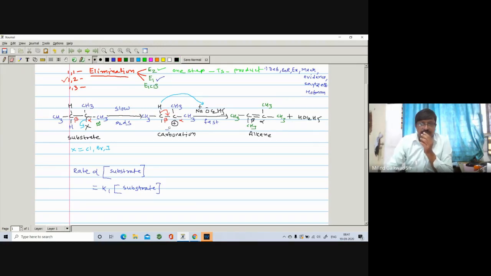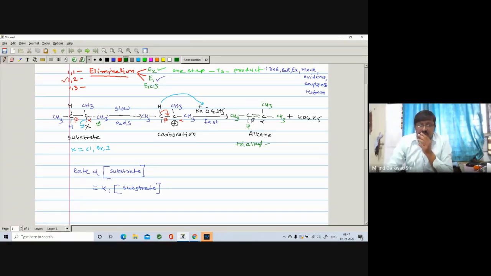So replace this CH3 by H, CH3 by H, right? So here also H. How many alkyl groups are there? 1, 2, 3. So it is a trialkyl. You are getting this compound.